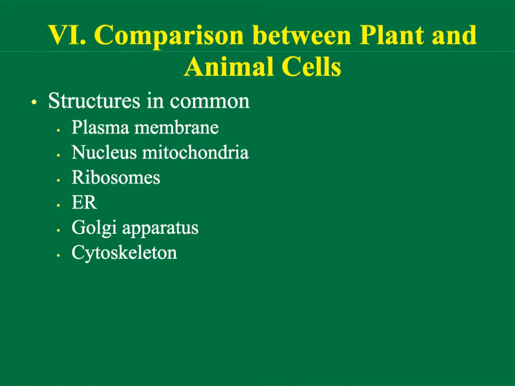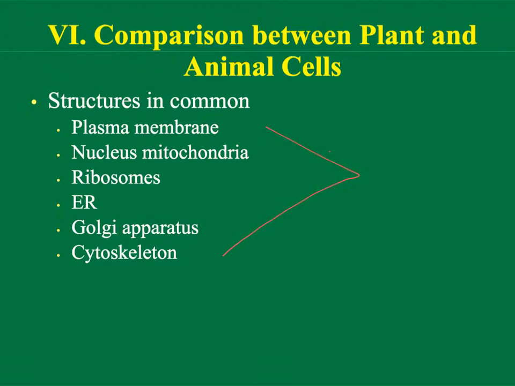So once again, I really want to focus just on some cells that are really important in plants, but I just want to mention that all plant and animal cells do have a plasma membrane. They have mitochondria and a nucleus, ribosomes, an ER, the Golgi apparatus, and the cytoskeleton.